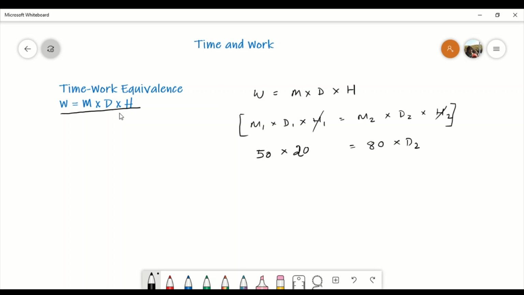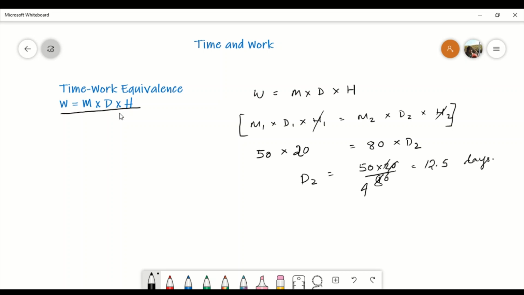So we can apply this formula and get the number of days as 50 × 20 / 80, which is 12.5. So it will take 12.5 days for 80 men to do that work.